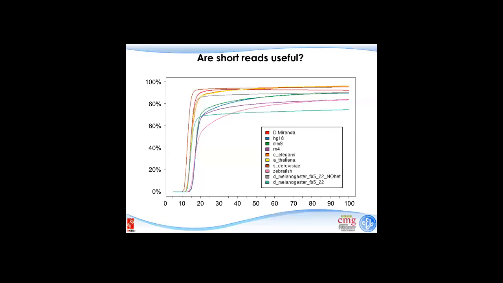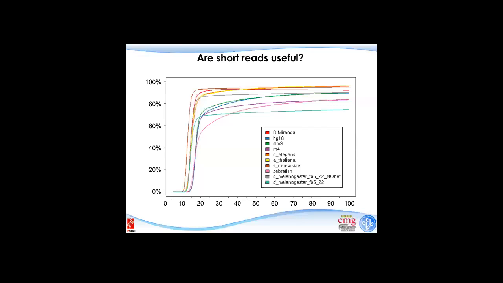So even in those parts, they can be uniquely mapped, although they are technically repetitive elements. But you can see that from the human genome perspective, if we have reads longer than 25 bases, about 80% of the genome can be uniquely mapped.